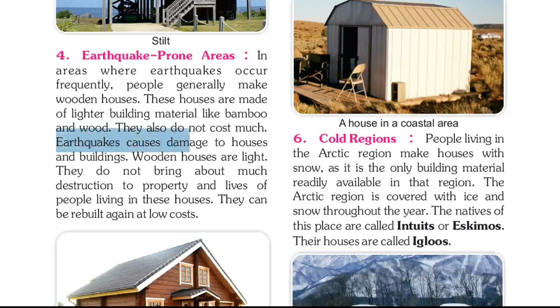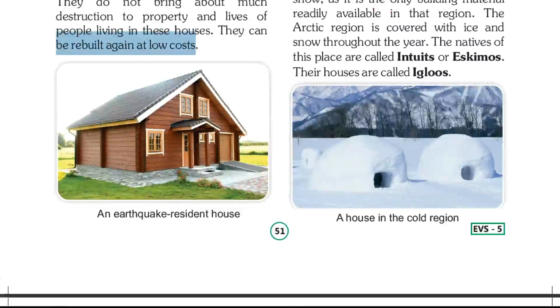Earthquakes cause damage to houses and buildings. Wooden houses are light. They do not bring about much destruction to property and lives of people living in these houses. They can be rebuilt again at low cost.